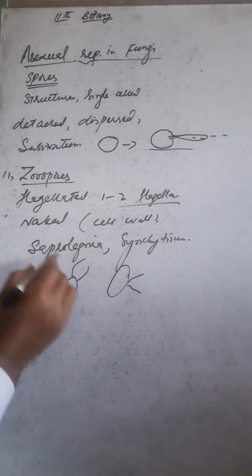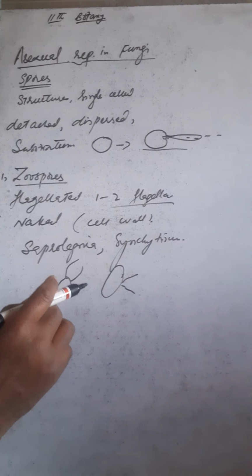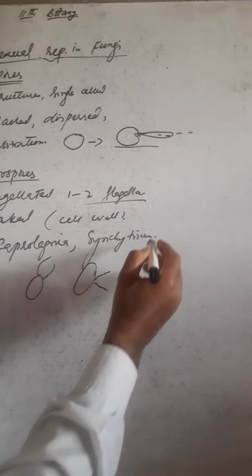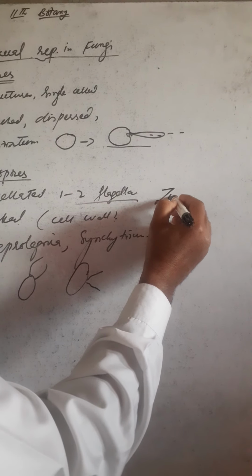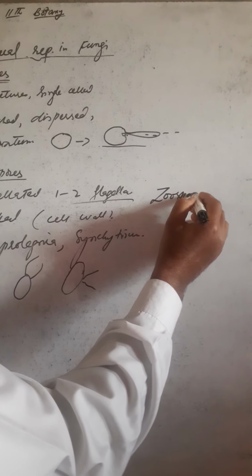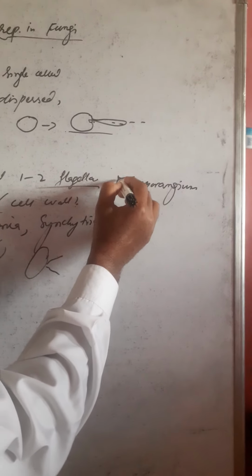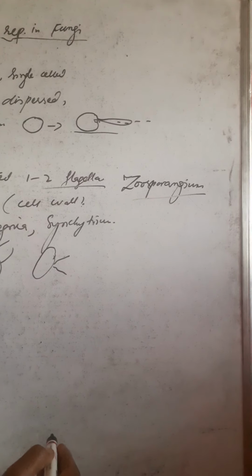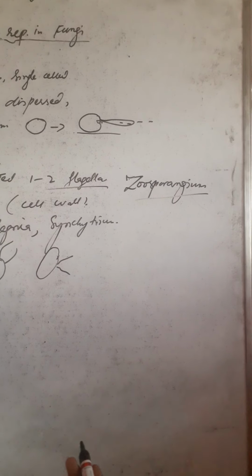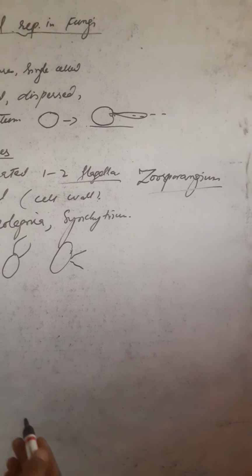These zoospores are produced in specialized structures. We call them the zoosporangium, and when you have many, then we call it the zoosporangia.